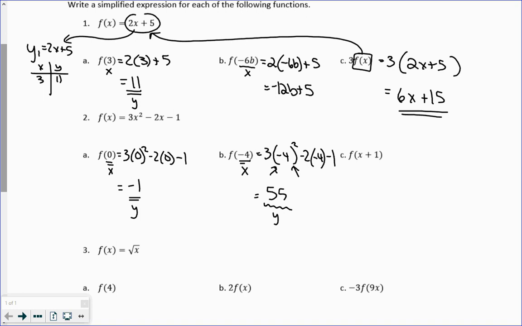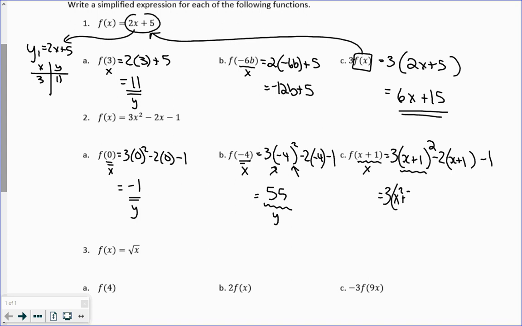Okay, again, we can also plug variables in. So again, this is going in everywhere where you see an x. So instead of x squared, we've got x plus 1 squared, minus 2 times x. So again, instead of x, we're going to write x plus 1, and then subtract 1 on the end. Okay, so you're going to FOIL this.